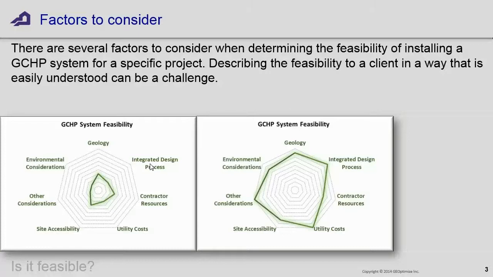Utility costs, again, you don't have a whole lot of control over. There are fixed costs that the utilities have to deal with, and in order to stay in business, they have to deal with them. Site accessibility: sometimes you can get onto a site to get a ground heat exchanger in easily, other places it's pretty tough.